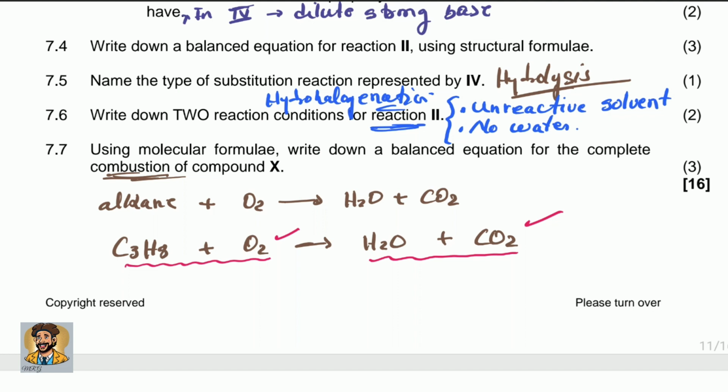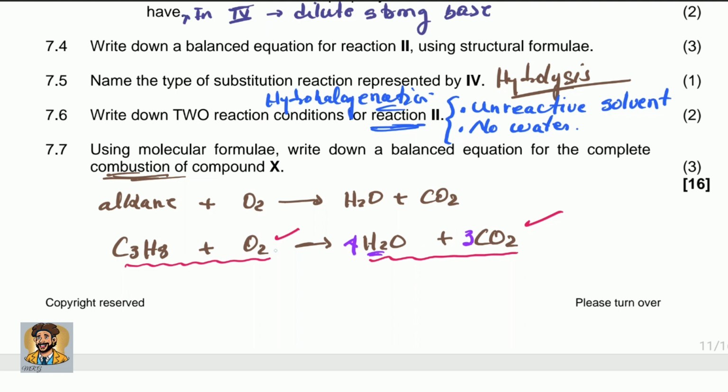This balancing was not problematic, but let's have a look. When you balance this combustion reaction, you leave oxygen always for last. We have in 3 carbons, we have in 1 carbon. I'm going to add a 3 at the front. We have in 8 hydrogens. Here we have only 2 hydrogens, so I'm going to add a 4. 4 times 2 is 8.